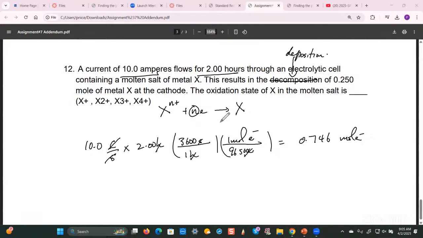So how do we determine N in this particular case? We have the moles of electrons and we have the moles of the metal. The moles of the metal is 0.250.